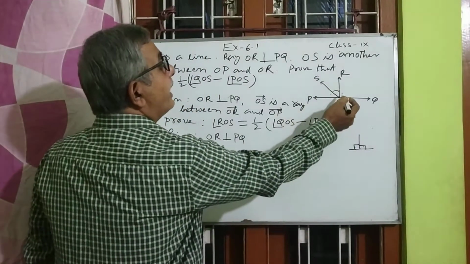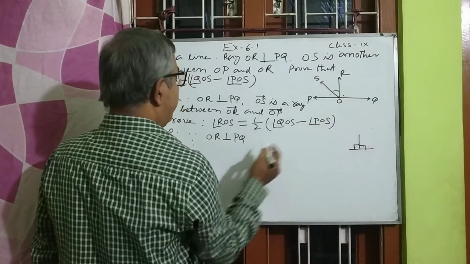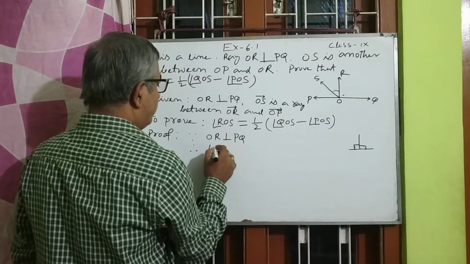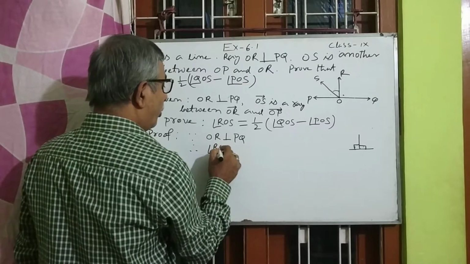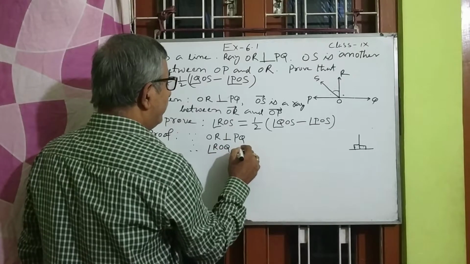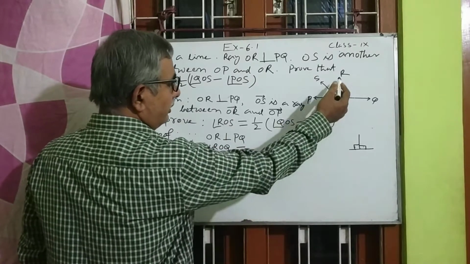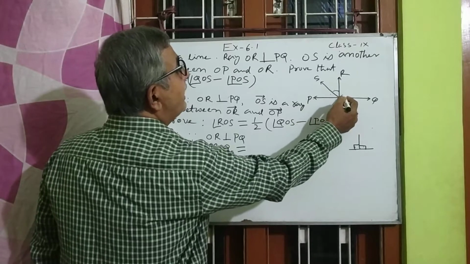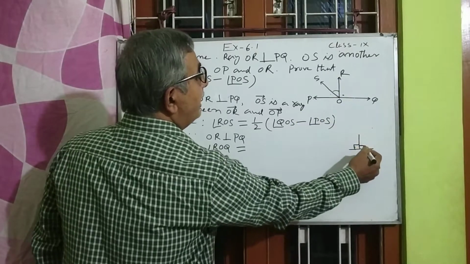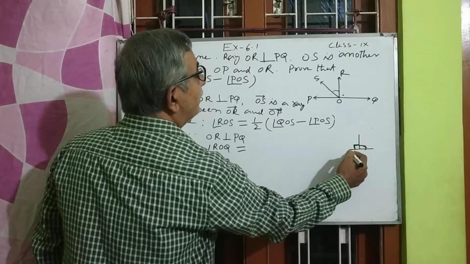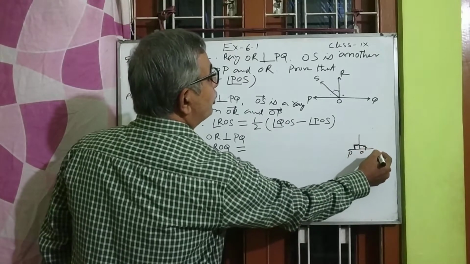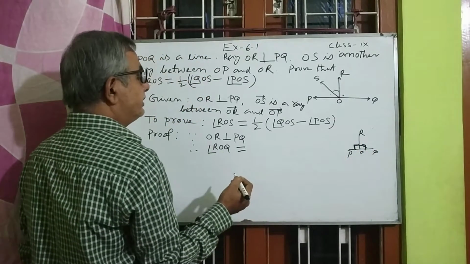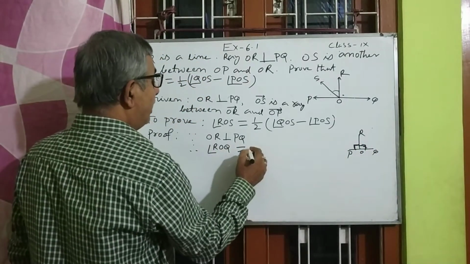Therefore, you can write this angle, what you can write? 90 degrees. Angle ROQ is equal to angle ROP. Means this angle and this angle. This is suppose POQ and R. So this angle and this angle both will be what? 90 degrees. Why are they equal?